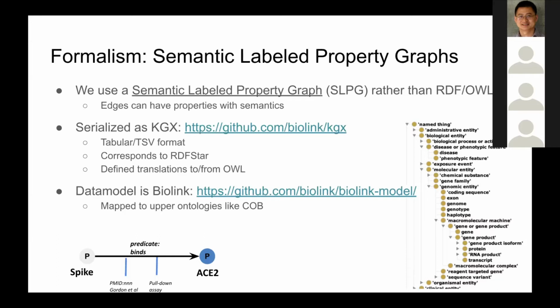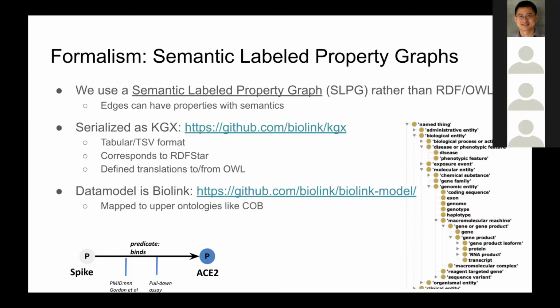We have a schema for our knowledge graphs. The schema we developed was not developed just for this project, but for a number of others. It is called BioLink. Even though it's more of a data model, you can view it as an upper ontology, like the OBO core ontology for biology, COB project. There's a little section of it from Protege on the right here.